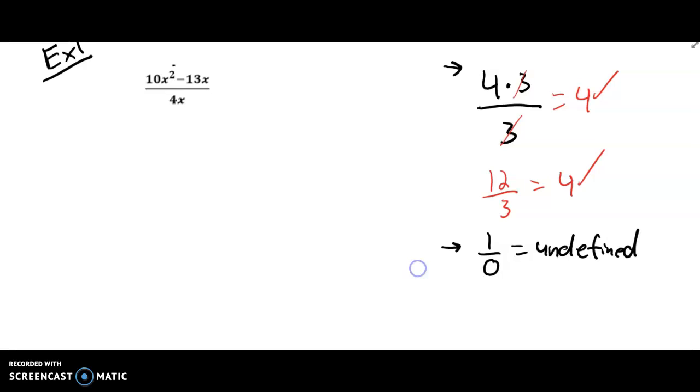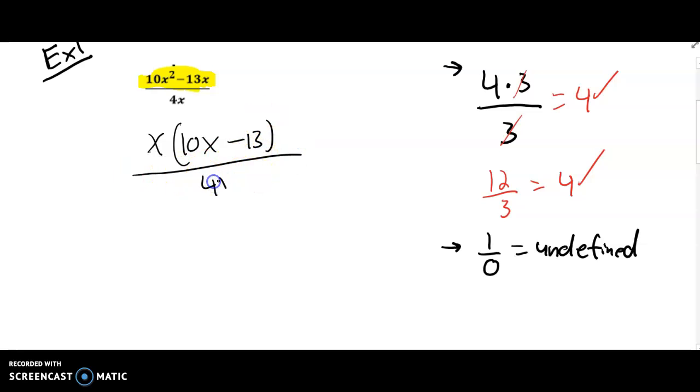Okay, so let's look at this guy here. Well, I definitely want to factor this numerator before I can see what's going to cancel. So 10 and 13 don't have anything in common, but x squared and x do. So I can take out a single x, and now I've got 10x minus 13 over 4x.